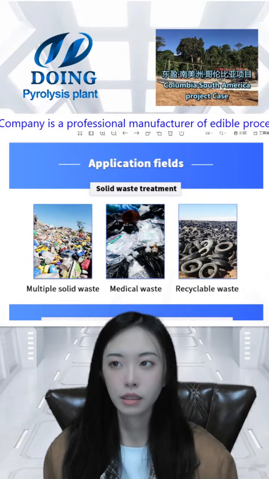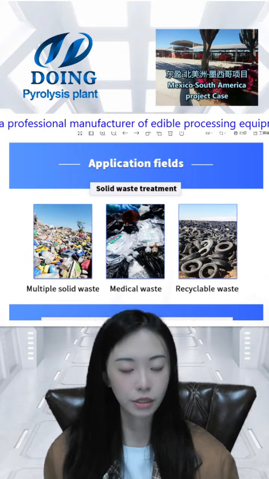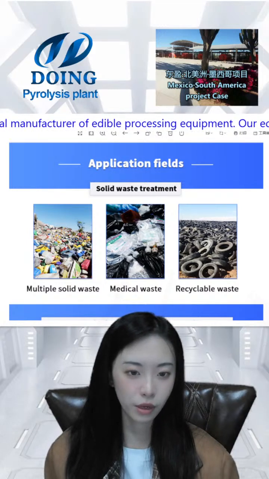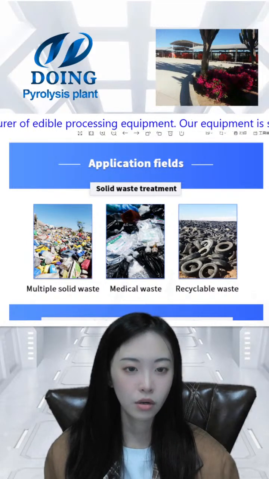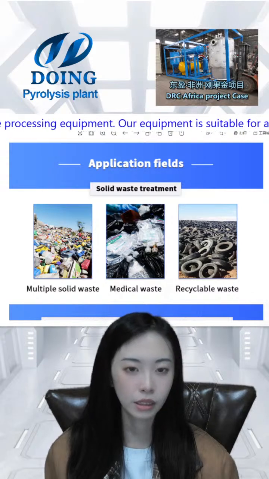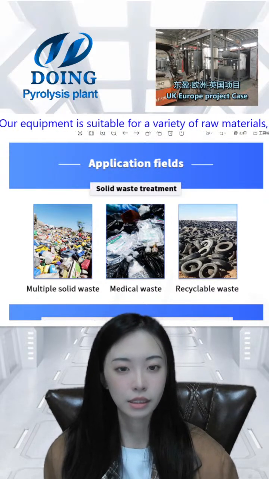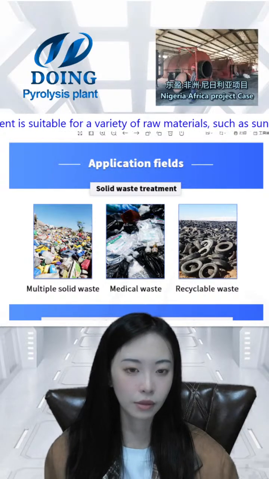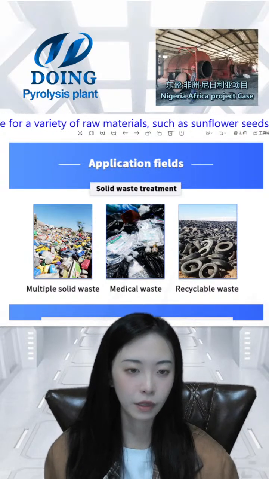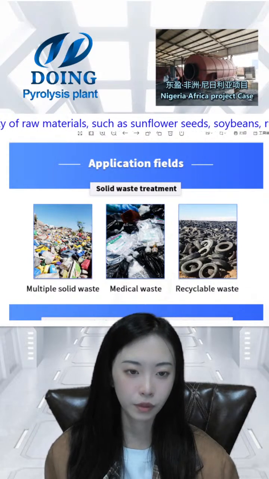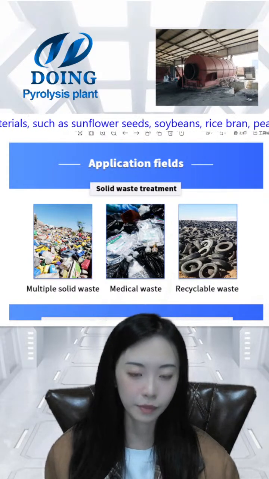And you can see these are the materials that we can choose. The multiple solid waste, medical waste, or some other recyclable waste. The most common ones for the pyrolysis business are waste tire and waste plastic. They are all called solid waste, or we call it rubber and plastic.